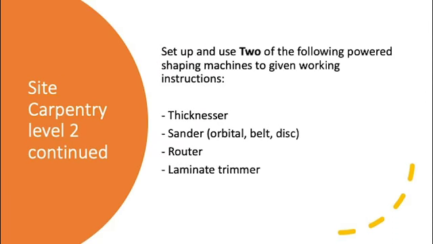Slide 7 goes on with the same for bench, and this is set up 2 of the following: powered shaping machines, thicknesser, sander, orbital belt or disc, router, laminate trimmer.